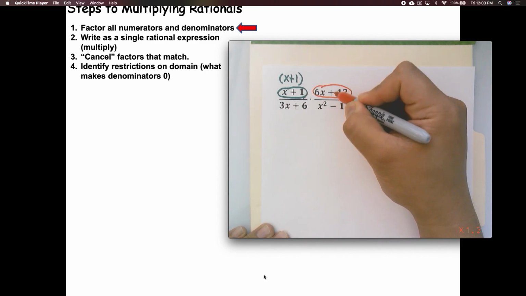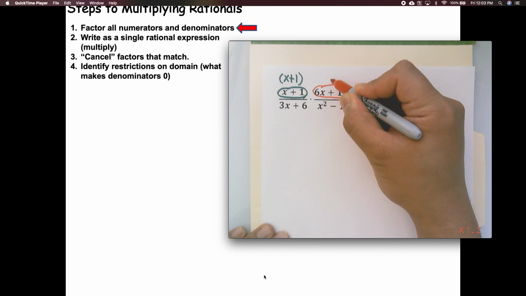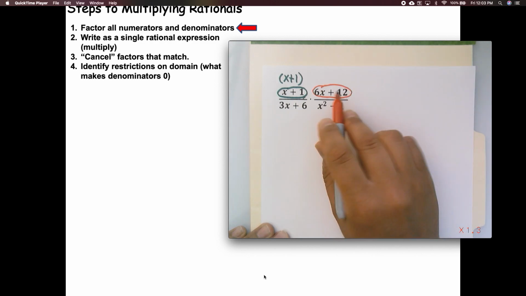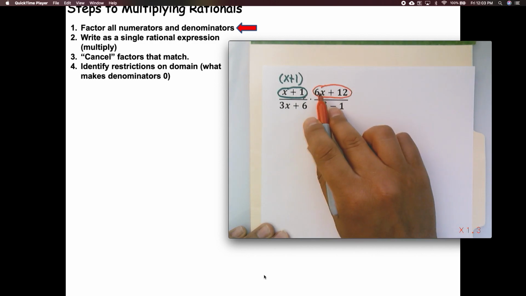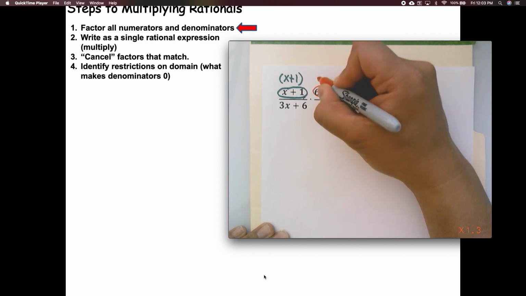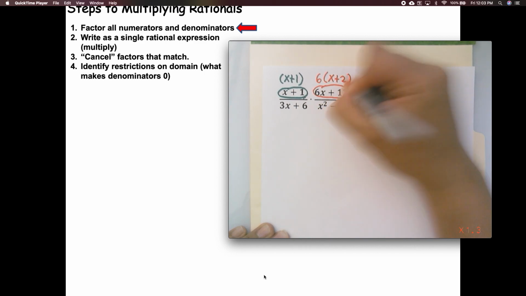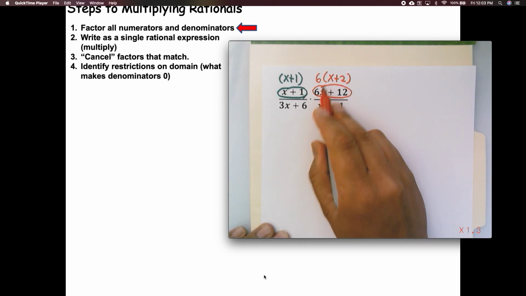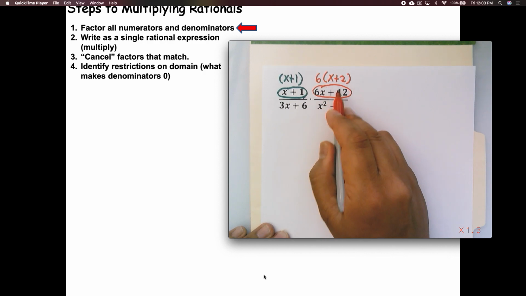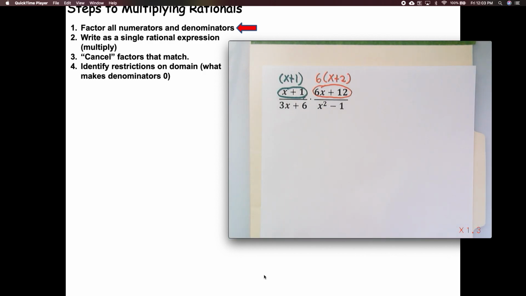If it's just a small factorization like this one, you can just put your work right on top of it. So if I think of a 6x and a 12, what's my biggest factor that goes into 6x and 12? That's probably going to be a 6. Then I have an x plus 2. 6 times x is 6x. 6 times 2 is a 12, so that's that factorization.